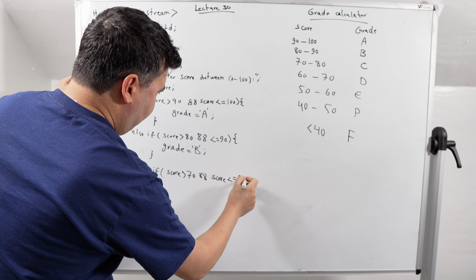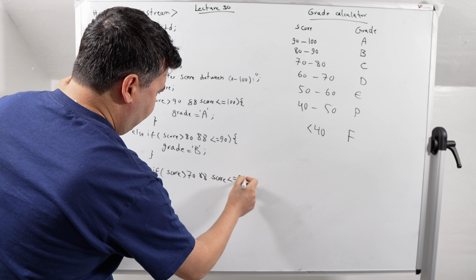If the score is bigger than 60 and score is smaller or equal to 70, we open the curly braces and close the curly braces, and I say grade is equal to, so we have C, it becomes D, semicolon.